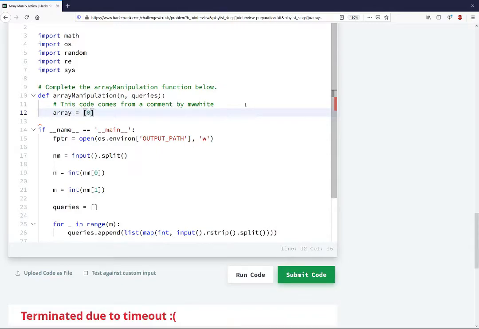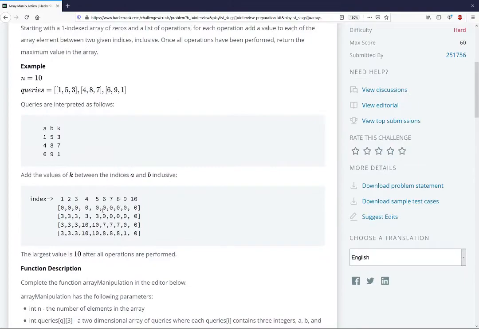Okay, so here we're going to have our array, and we're going to start out with a bunch of zeros. And this is just another way to define an array. Notice that this is going to be of length n+1, and the reason that we need to do that is, remember, when we were talking about 1, 5, 3, when we track the derivative, we put a +3 in entry 1, and we put a -3 not in entry 5, but in entry 6.